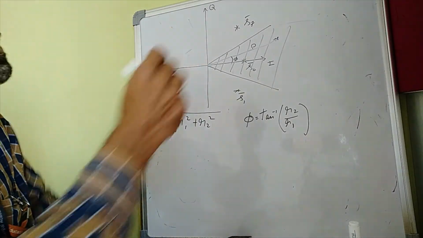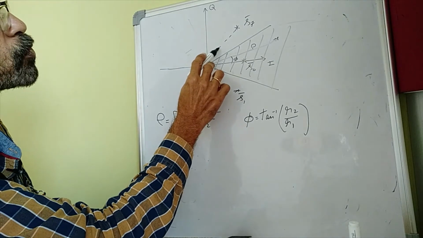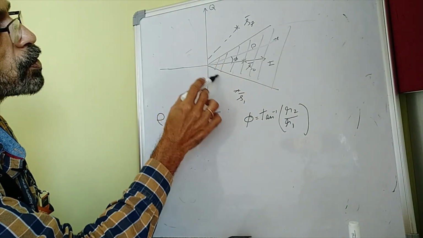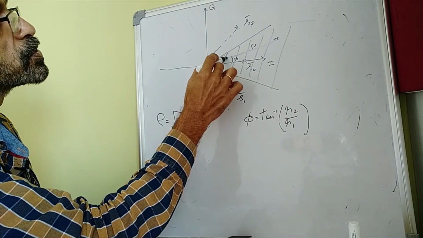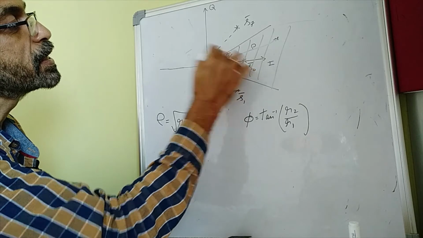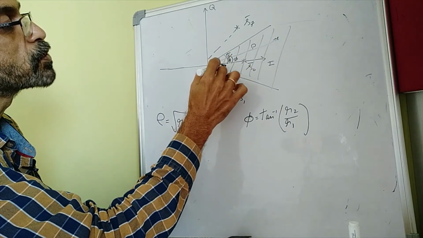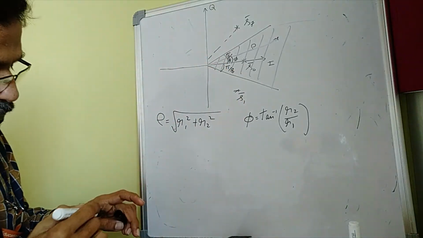Since this angle is pi by 4 and this is also pi by 4, we observe that this is pi by 8 and this is also pi by 8.